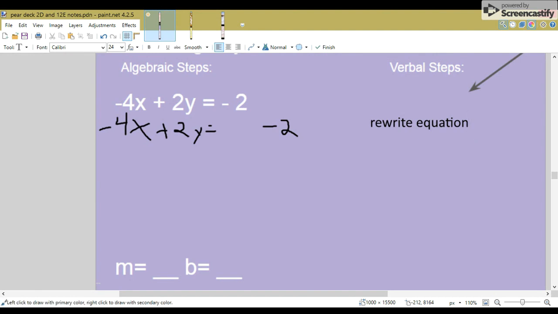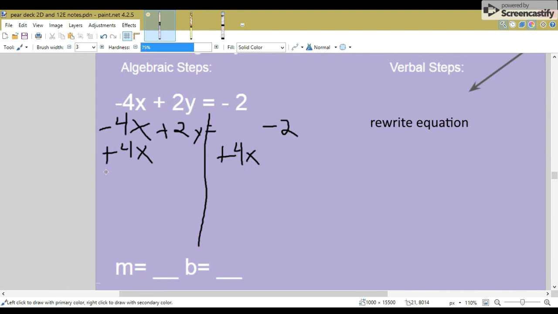Okay, your next step, you want to add 4x to each side of the equation. So negative 4x plus positive 4x is 0x. Carry down your 2y equals 4x minus 2.